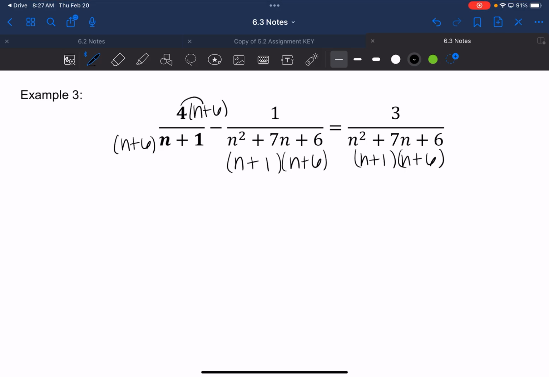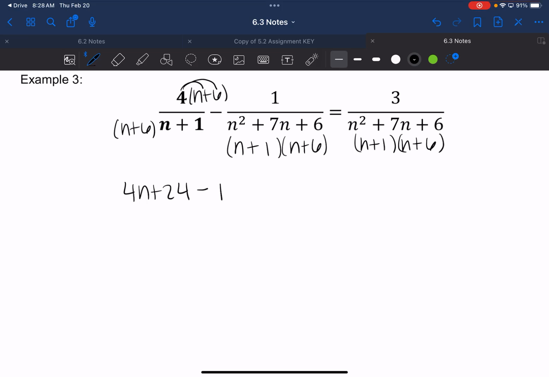So here, I distribute that 4 to n plus 6, and it's going to give me 4n plus 24, minus, the next numerator was just a 1, equals the next numerator, which was just 3.